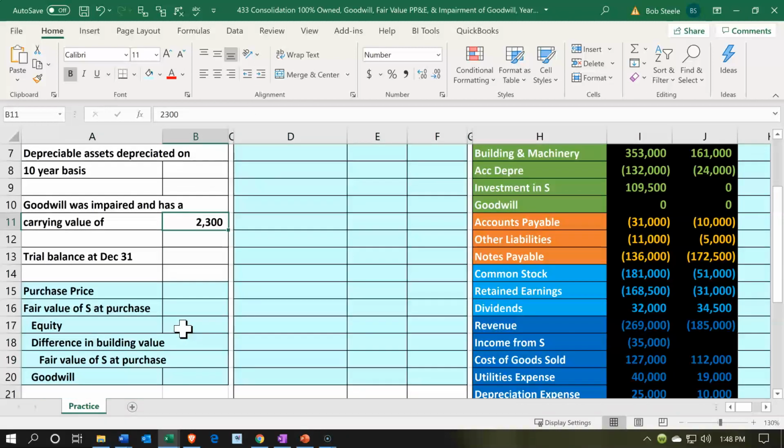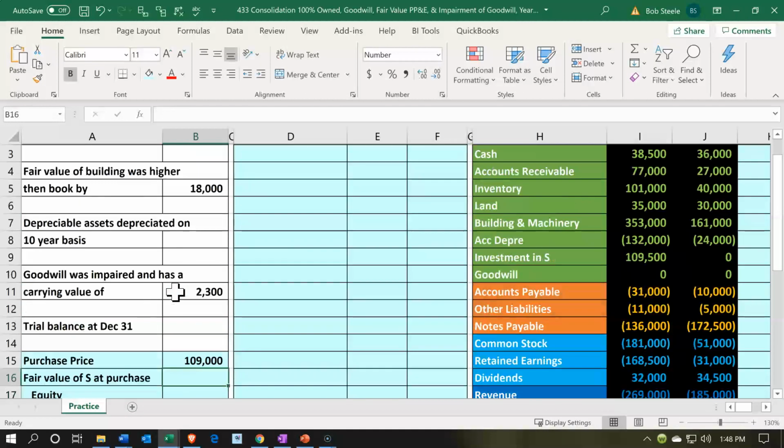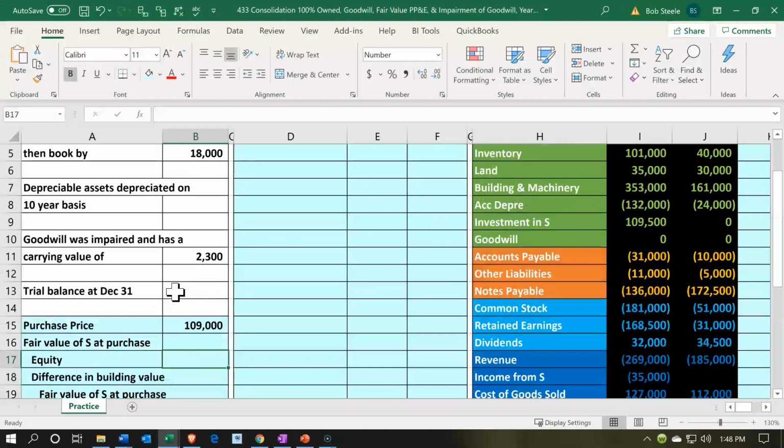All right, let's first do a calculation for goodwill and see what that looks like. So the purchase happened, and we say the purchase was for the 109. What we need to do then is basically compare the fair value of S's books to the purchase price. How do we know what the fair value was?